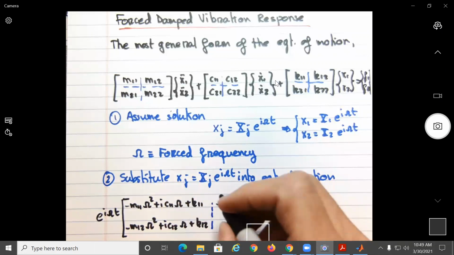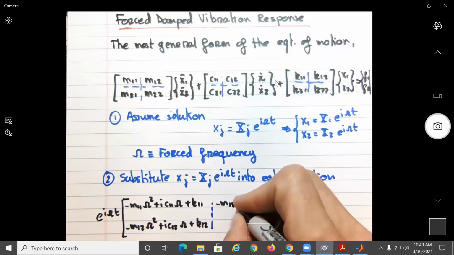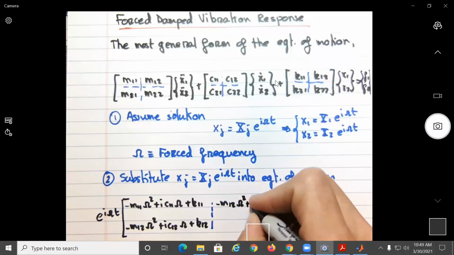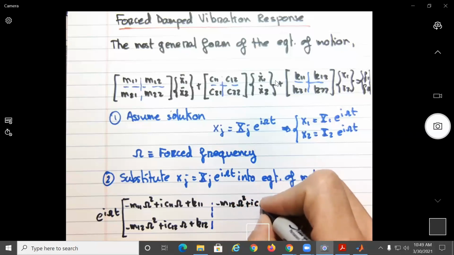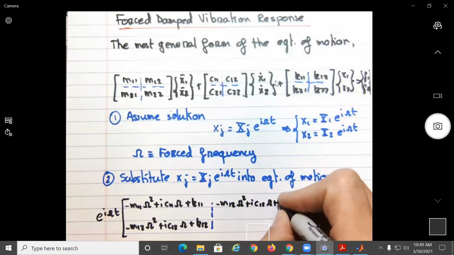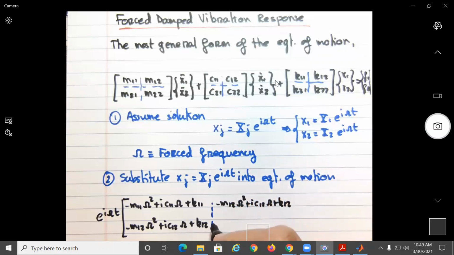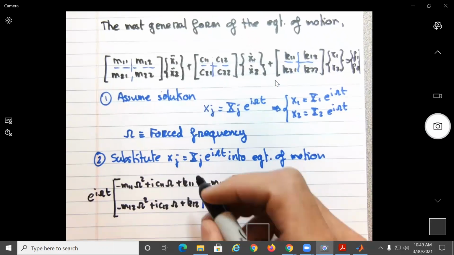so at the bottom was, yeah, it would be 2-1 here, but since it would be equal, doesn't matter, 1-2: omega square plus iC12 omega plus K12. It should be K21 really here, but they're going to be symmetric. Don't worry, they're always going to be symmetric.